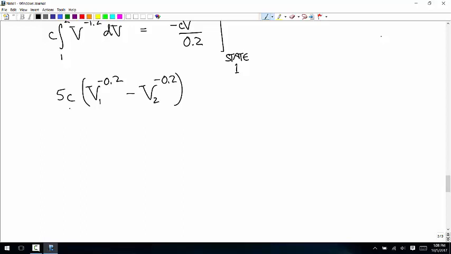And so now I made that substitution that says V1 to the negative 0.2 is equal to P times V, because this is V1 to the negative 1.2 times V1.